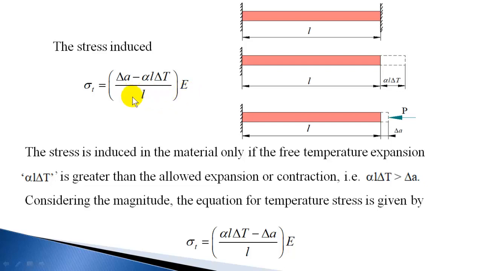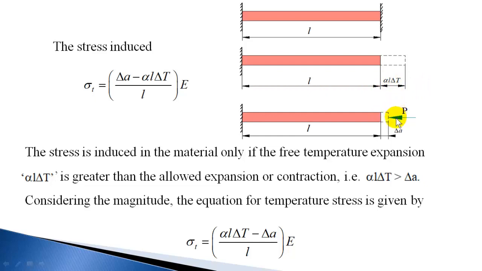So this formula can be used to find out the thermal stress, and you will also get the sign convention for thermal stress when the delta T sign is considered. But you cannot blindly use this formula, since delta A cannot be greater than alpha L delta T. Expansion permitted cannot be greater than alpha L delta T, because alpha L delta T is the maximum free thermal expansion.